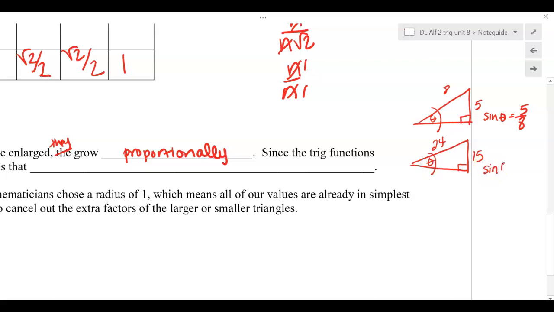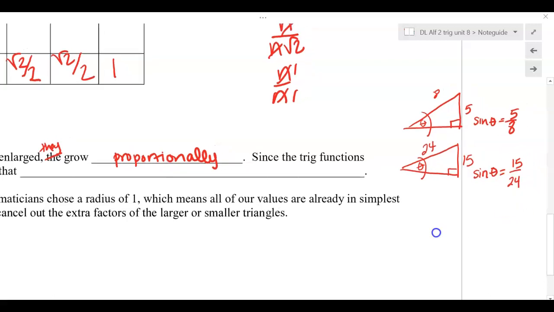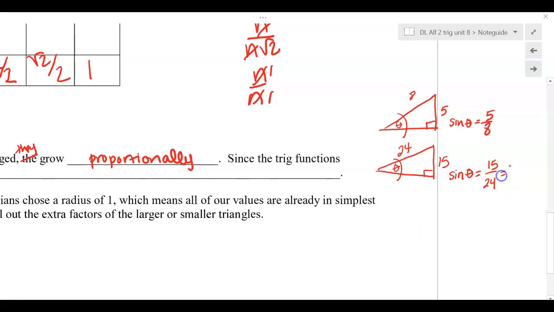It's the same angle. When we calculate sine of the angle, notice we get 15 over 24, but what really is 15 over 24? We can see these values of 3 cancel out, and we're again left with 5 over 8.